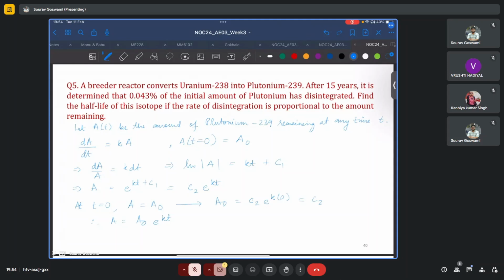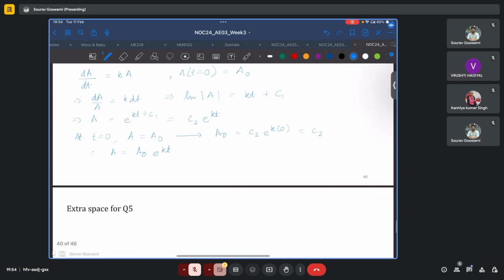Now we are told that after 15 years, it is determined that 0.043% of the initial amount of plutonium has disintegrated. So this is an additional piece of information. So at t equals 15 years, some amount of plutonium has disintegrated.